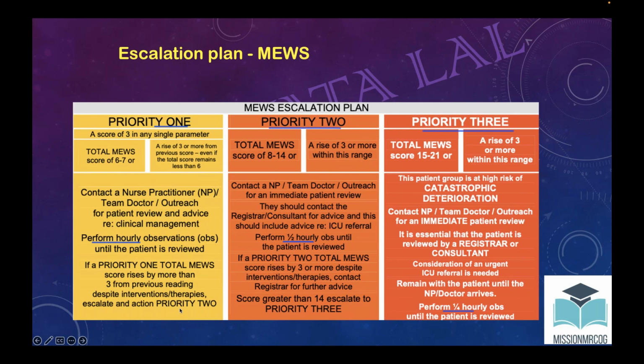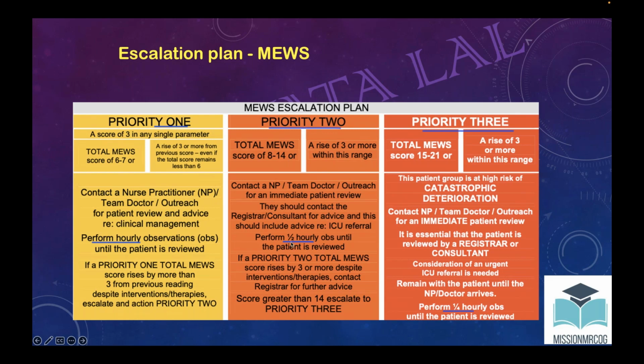So if the total MEOWS score is 6 to 7, it is fine, we will just review the patient early. But if all of a sudden a red zone has come, or a score rise of 3 has come, then the escalation plan goes to priority 2. Priority 2 is 8 to 14. If the score is 8 to 14, then that means the patient is ill.